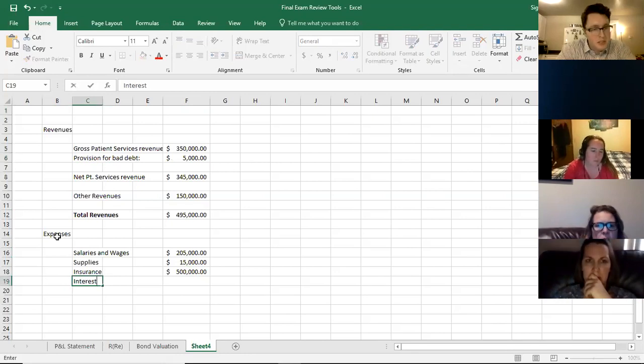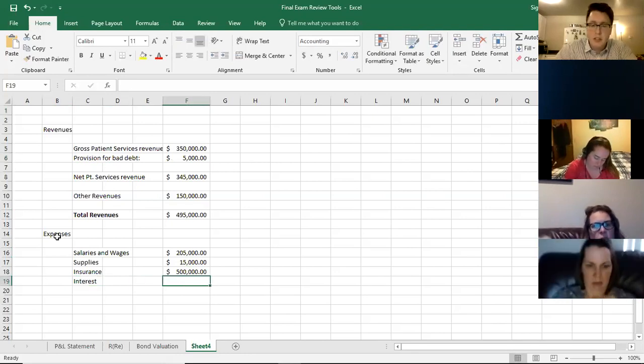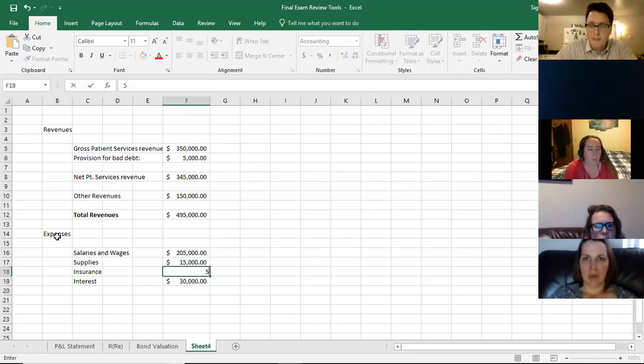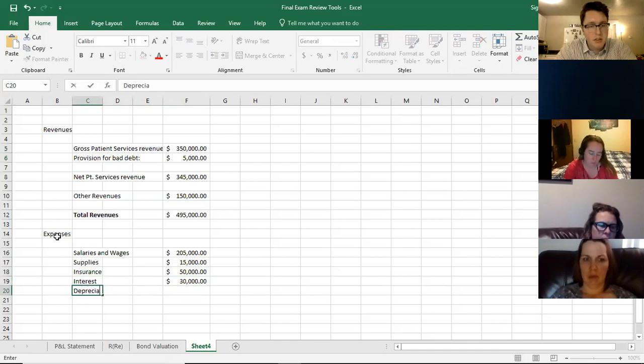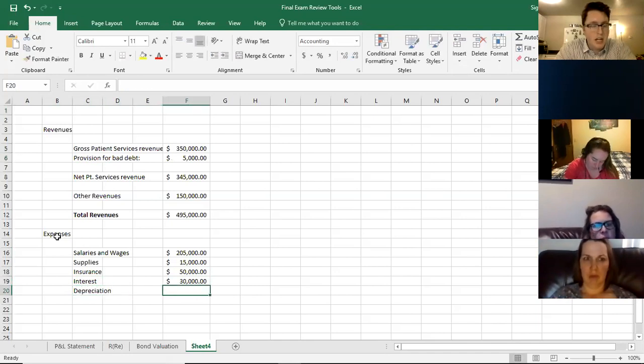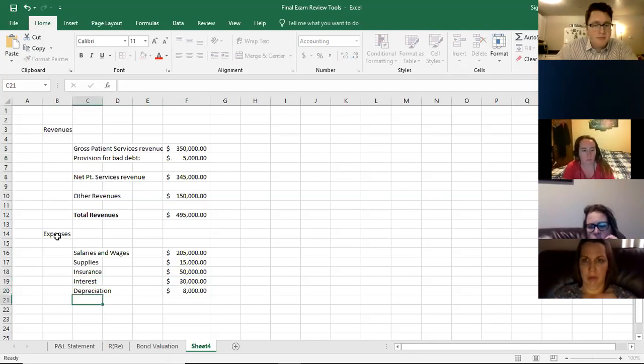Maybe we've got an interest expense that we're paying, which is, let's say, 30,000. We want this one to be 50. And then, of course, we want depreciation for any of our fixed assets, which we'll say is maybe 8,000.